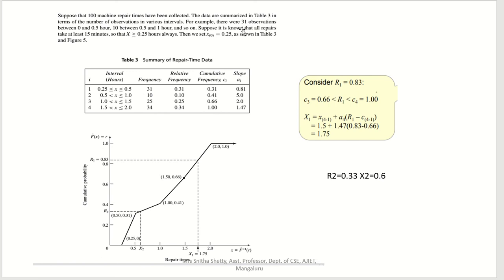Suppose it is known that all repairs take at least 15 minutes, so x should be greater than or equal to 0.25. The minimum is 0.25, so instead of 0 we start from 0.25 here.